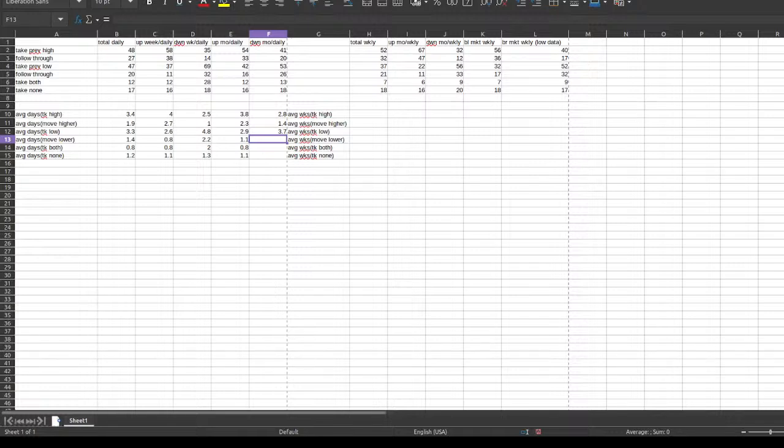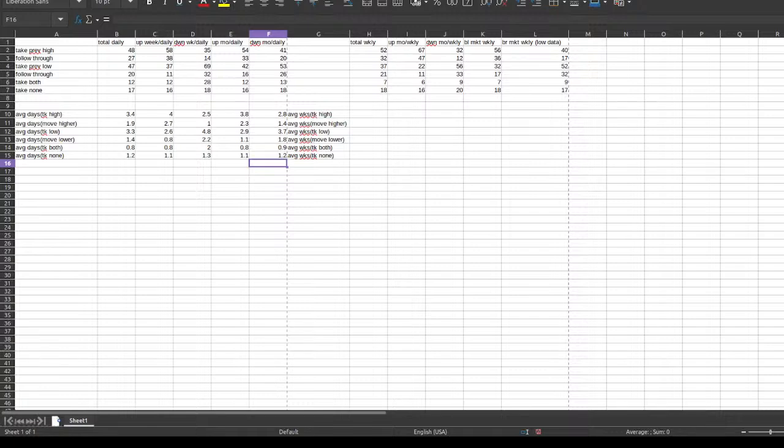Yeah, it's a follow through. So it's 0.26. 1.8. And then 0.13. 0.9. Last one, 0.18. 1.2.